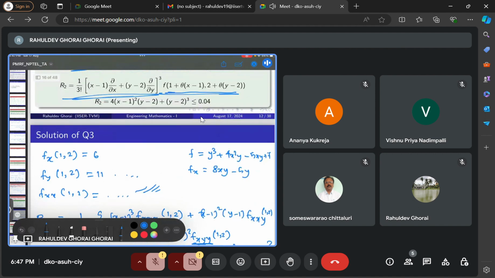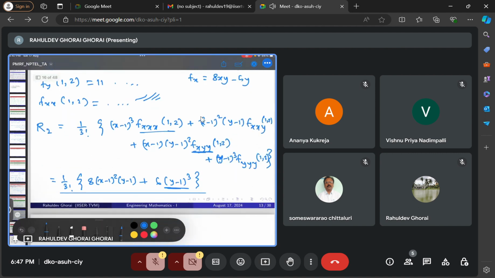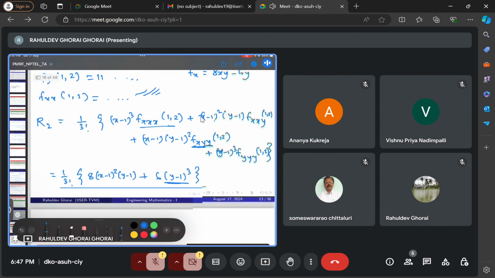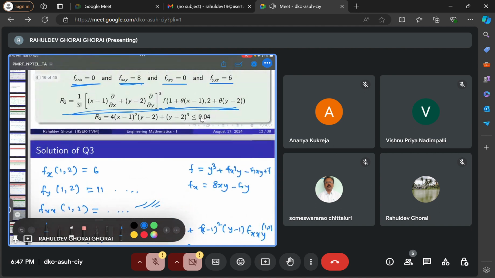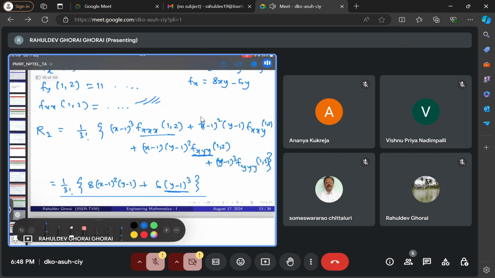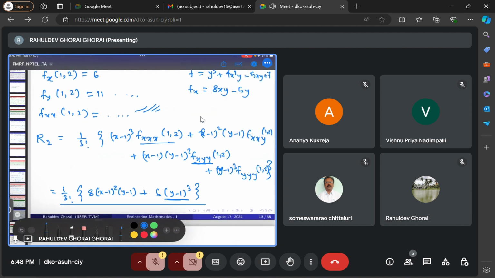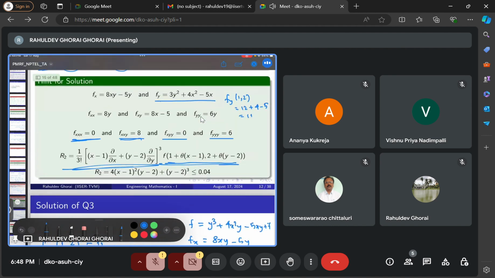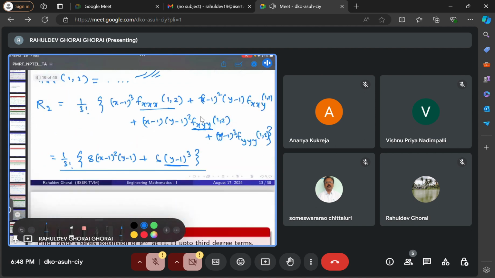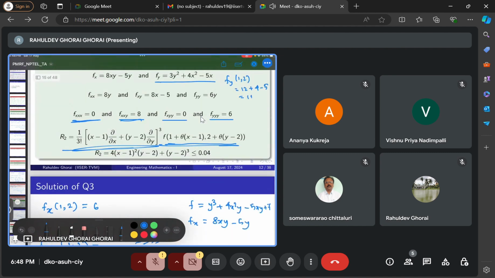So I'll write it, x minus 1 whole cube, this is xxy. So if you try to write this one, this is 8, how it is 8.